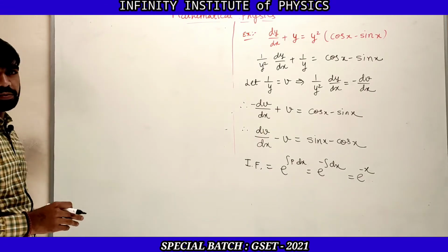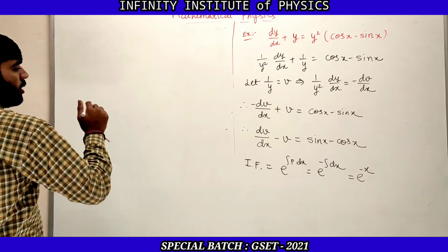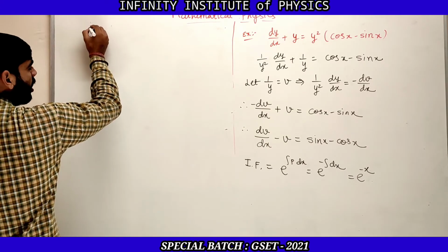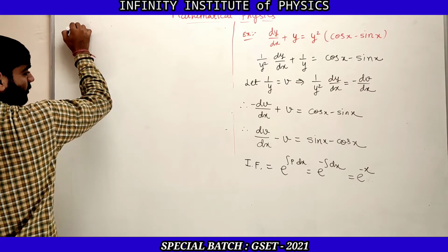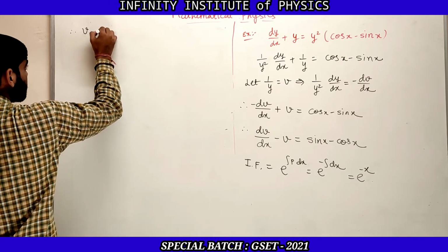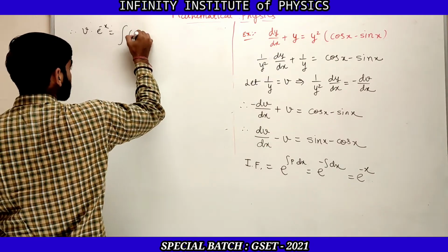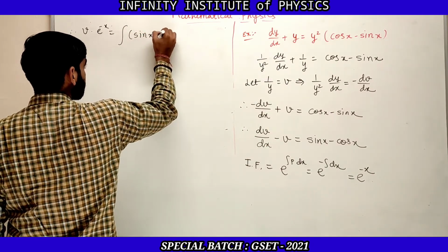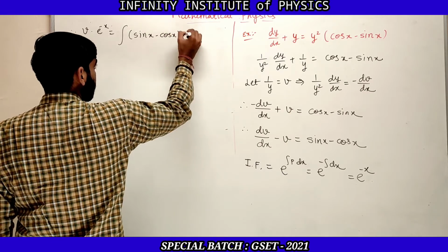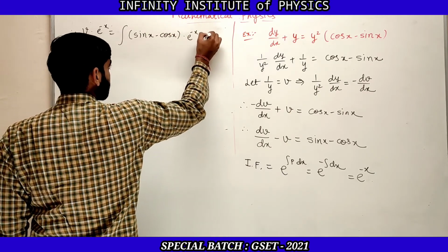Therefore the solution is v into e raised to minus x, which is equal to integration of sin x minus cos x into e raised to minus x dx plus c.